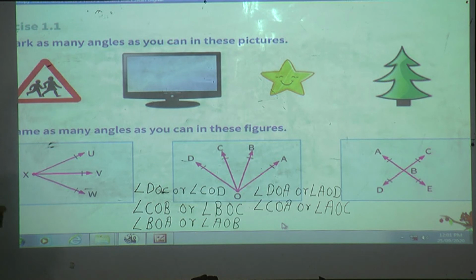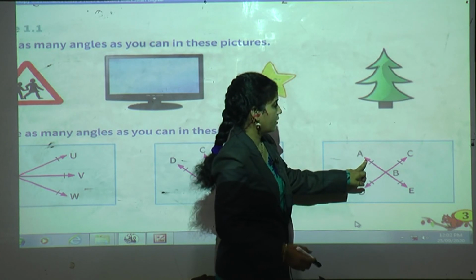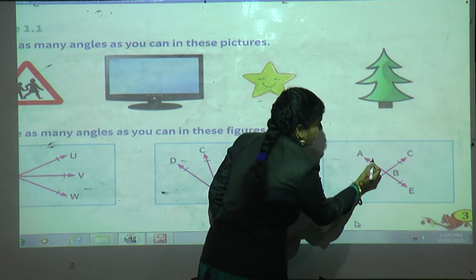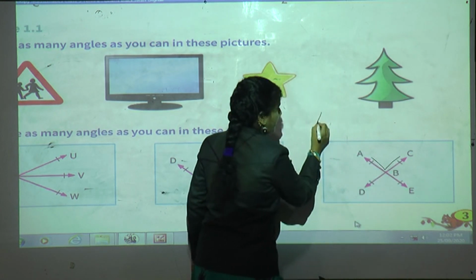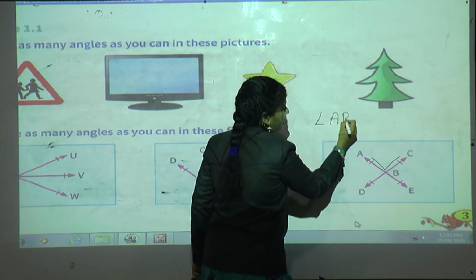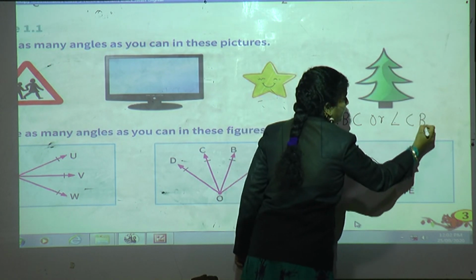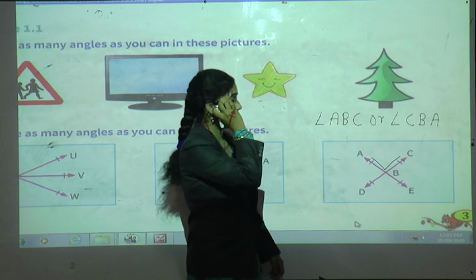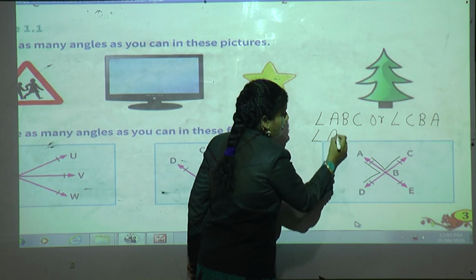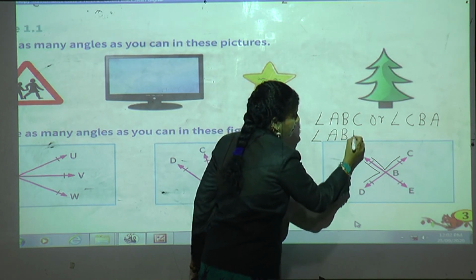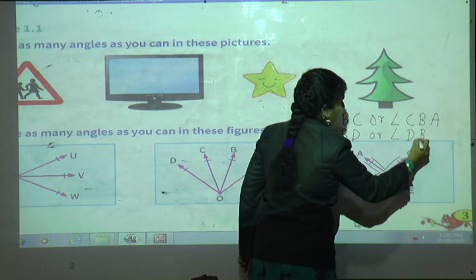Yes students, so our next figure: here are so many angles. Here angle ABC or angle CBA. Then again angle ABD or angle DBA.